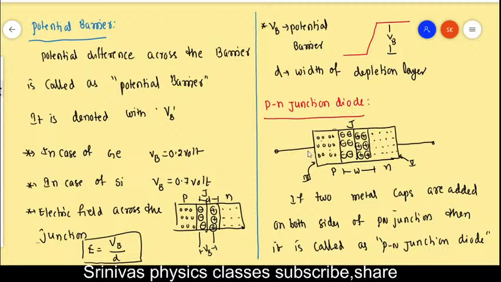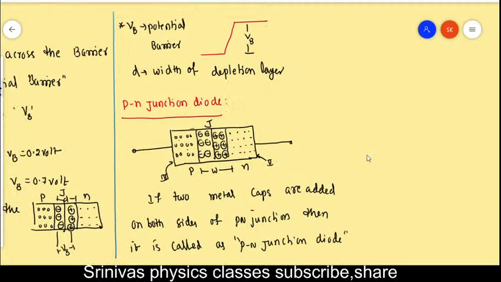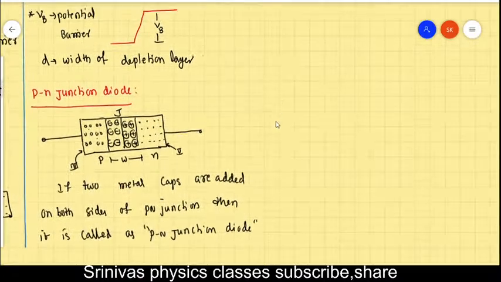Diode means a device which has two terminals. If two metal caps are added on both sides of the pn junction, then it is called a pn junction diode. I'm going to erase this.